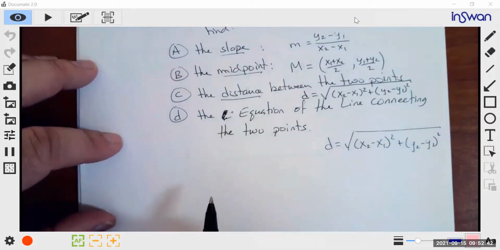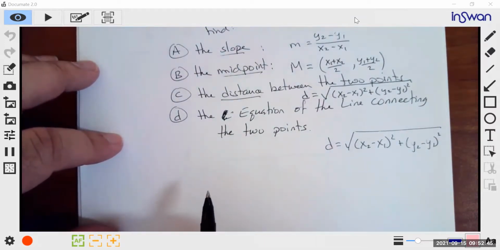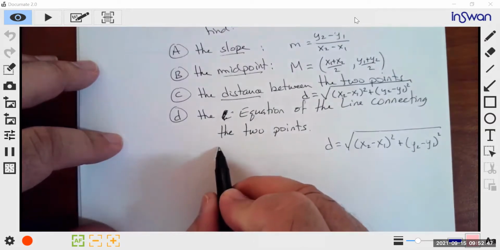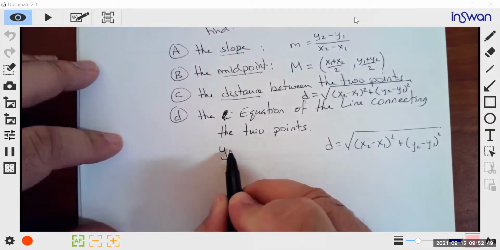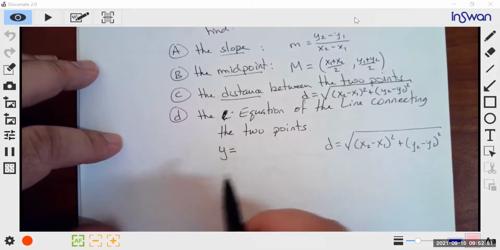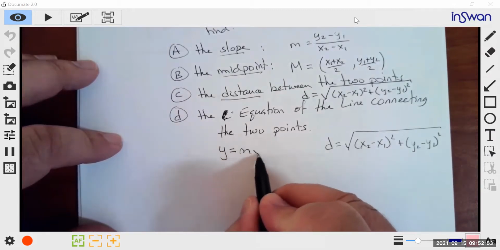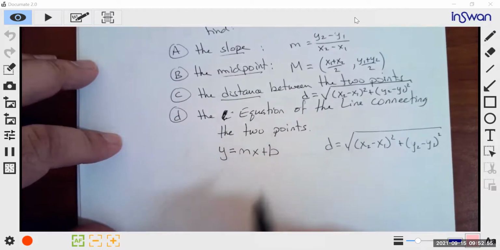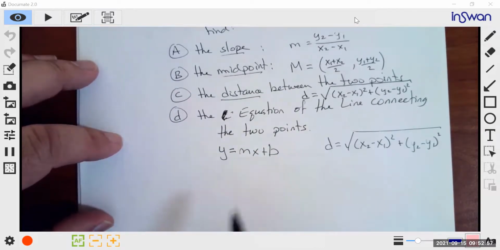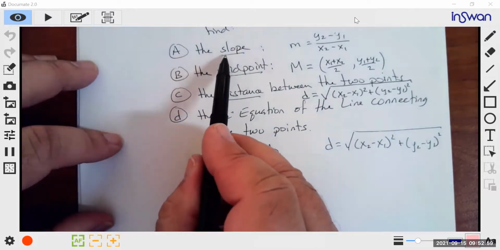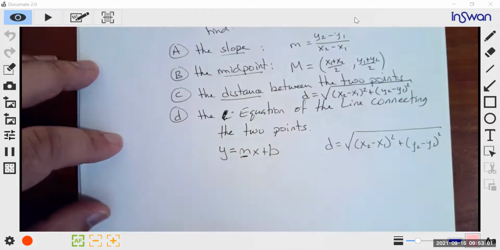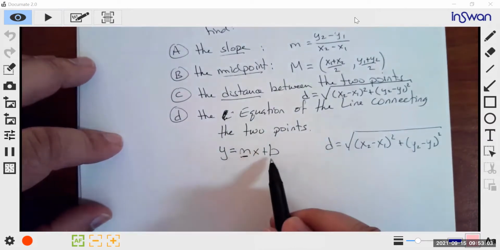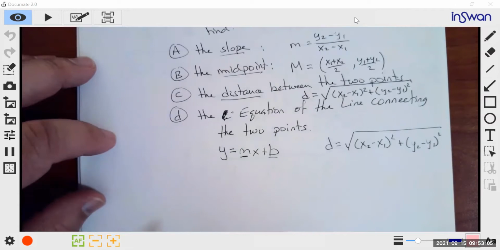And what's the equation of the line look like? mx plus b, right? So when you solve the first part, a, you have the slope already. All you have to do is tell me what the y-intercept is.